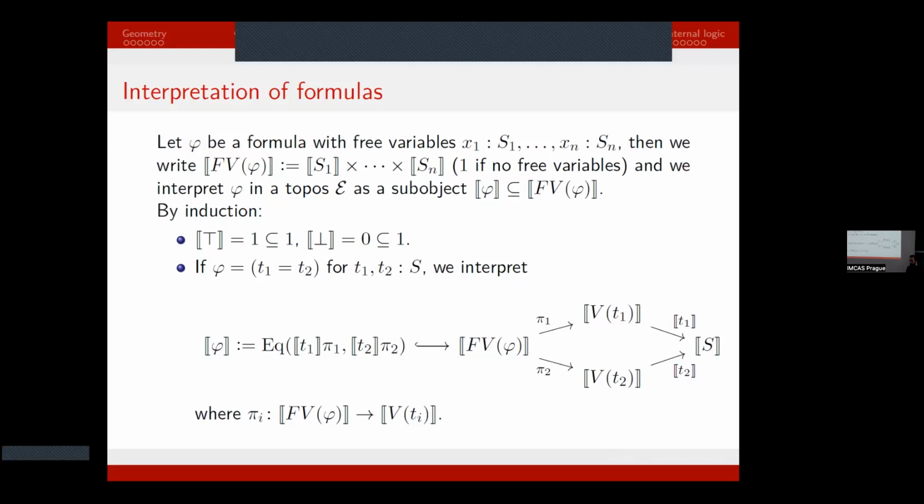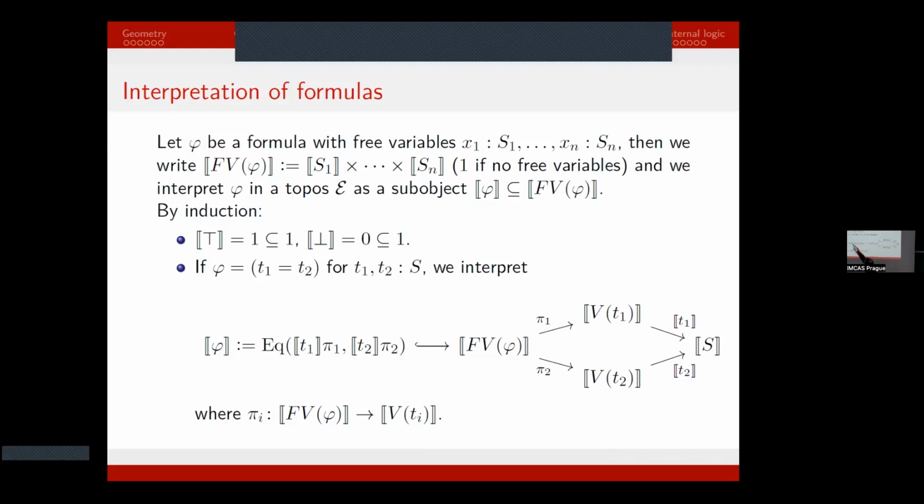The formula has certain 3 variables, which means I can plug in values, and the formula will tell me if this value satisfies or not the formula. The values I'm taking in the total set, which is the interpretation of FV. And phi will represent the sub-object where the formula is true. So this is what the formula represents. We'll be a bit more specific about this later, but now just to allow understanding of whatever comes.